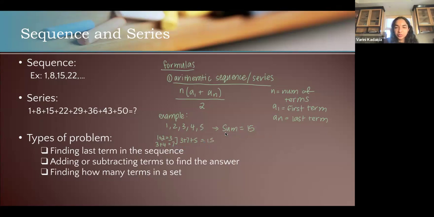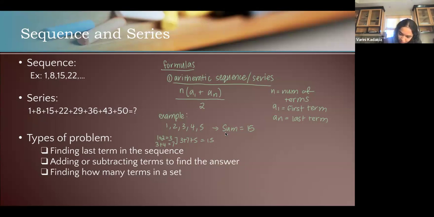Now let's use the formula. Let me just make sure I've got the right formula. Okay, so we'd get n, which is 5.